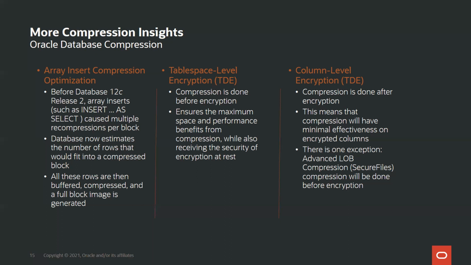If you use column level encryption, then the compression is done after the encryption, which means there could be an impact on the compression ratios. So if you're using TDE, Transparent Data Encryption, along with our compression, then our recommendation is to use tablespace level encryption. But they work very well together. They complement each other quite a bit.